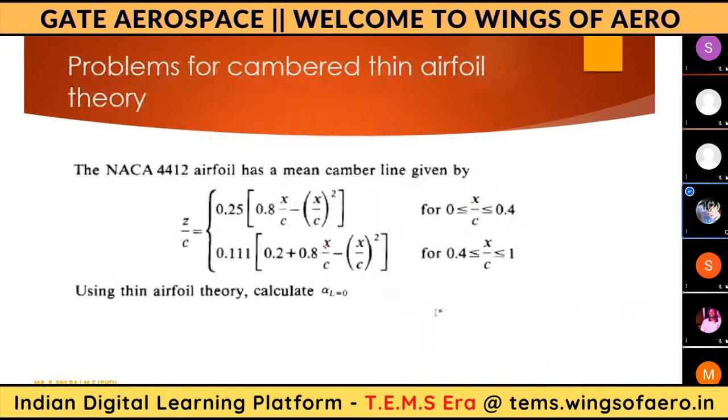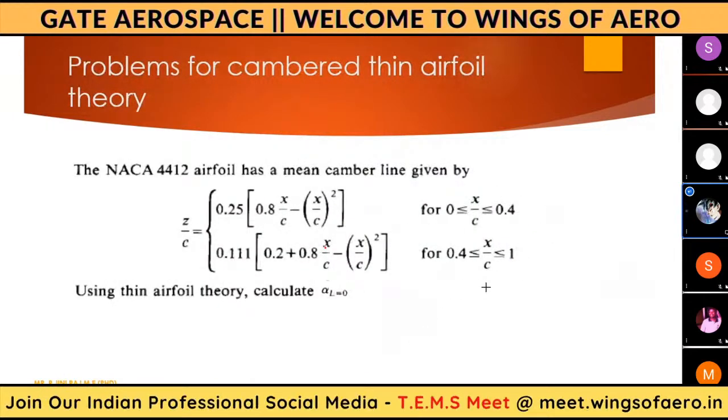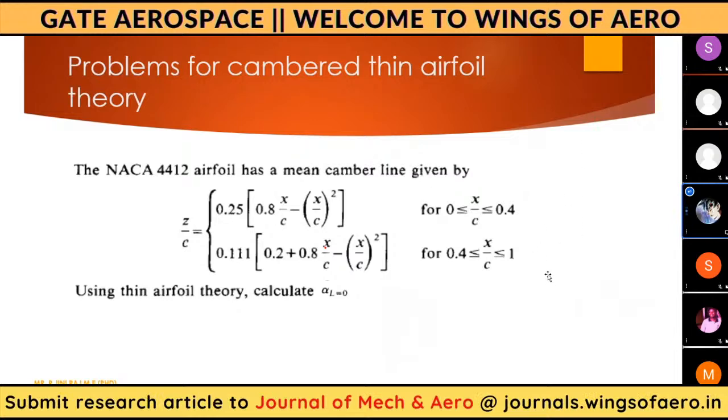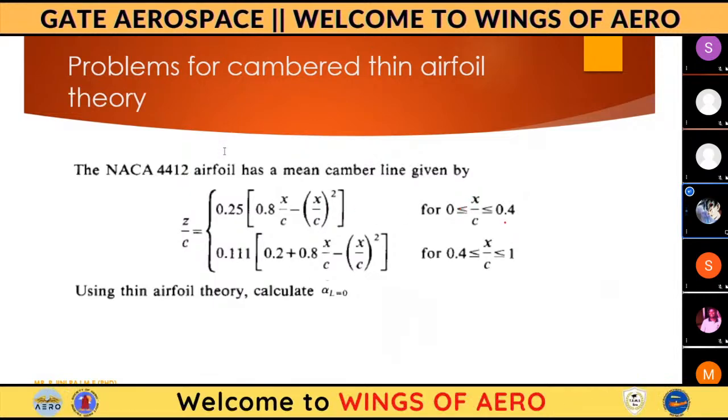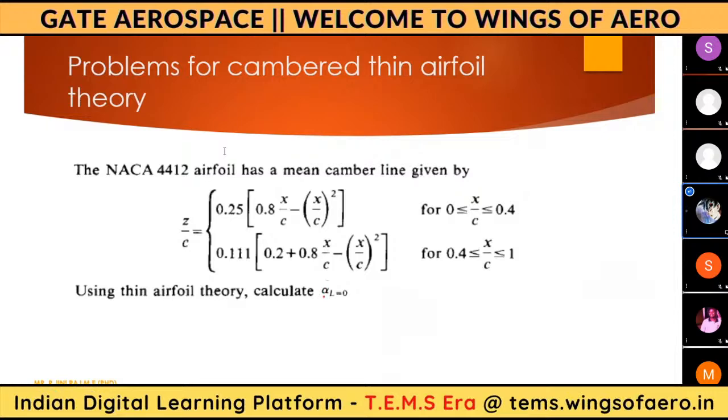Okay. So it's z by c. This is the mean camber line equation. z by c equal to 0.25 into 0.8 x by c minus x by c the whole squared. This is the equation for the limit 0 to 0.4. Then for 0.4 to 1, we have another equation. So we need to solve this problem.